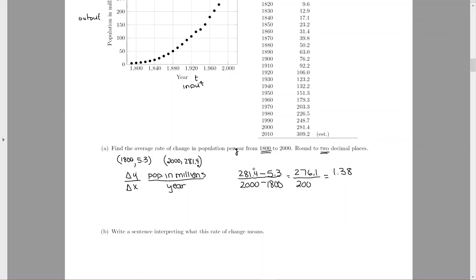And then the unit label is millions of people per year. If you've noticed, every time I do an average rate of change, the unit label is written as a fraction because that's slope. Slope is a fraction. So my unit label should also be a fraction, something per, and then some unit label of time.